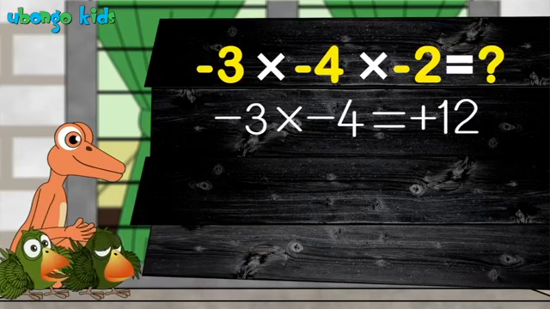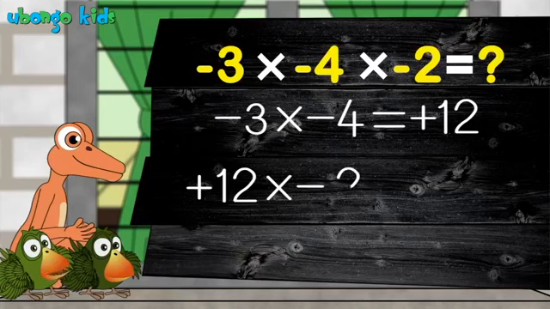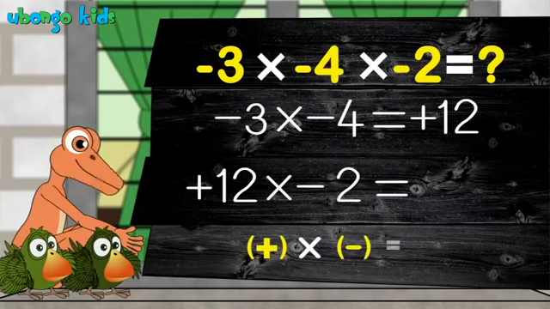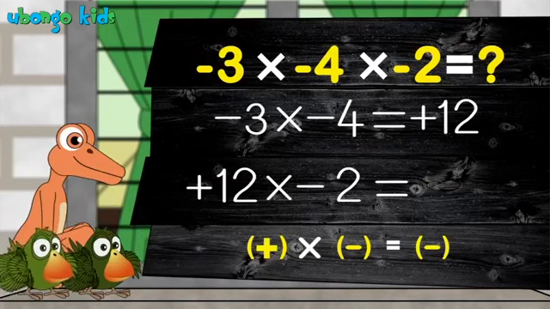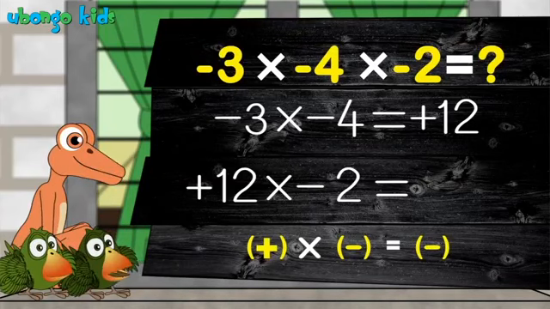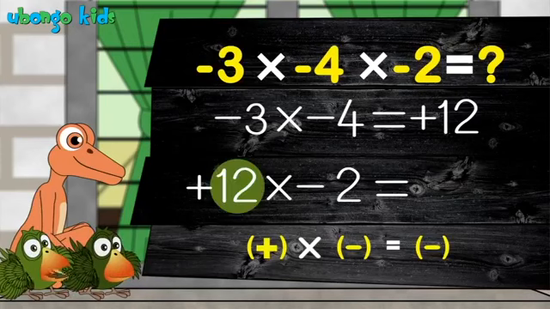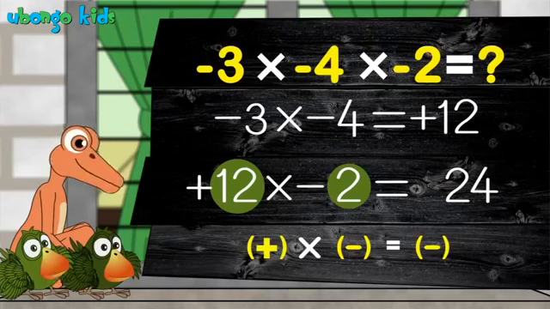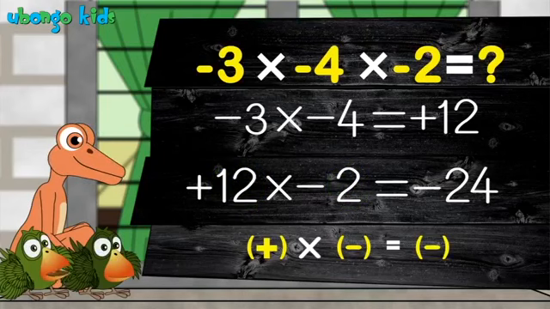So now, what's positive 12 times negative 2? Positive times negative is negative. And 12 times 2 is 24. So the answer is negative 24.